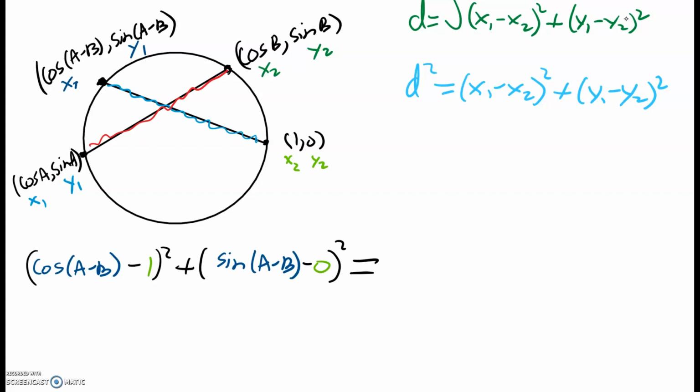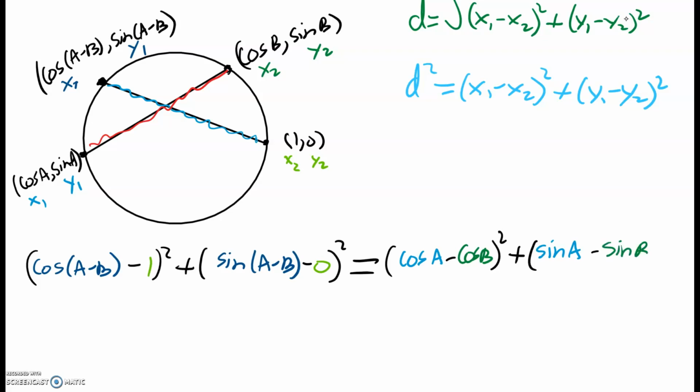Its length can be represented by the cosine of A minus the cosine of B, and of course that's going to be squared. And then plus the sine of A minus the sine of B.